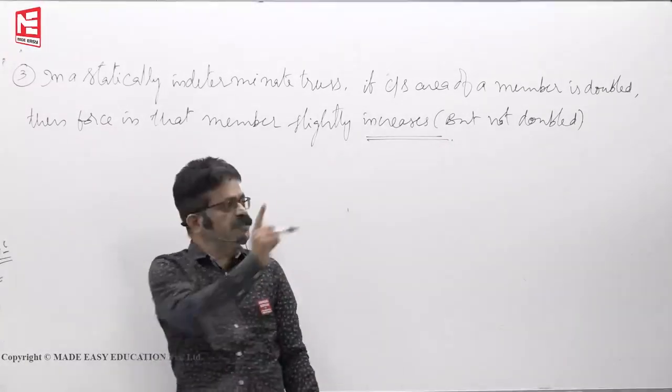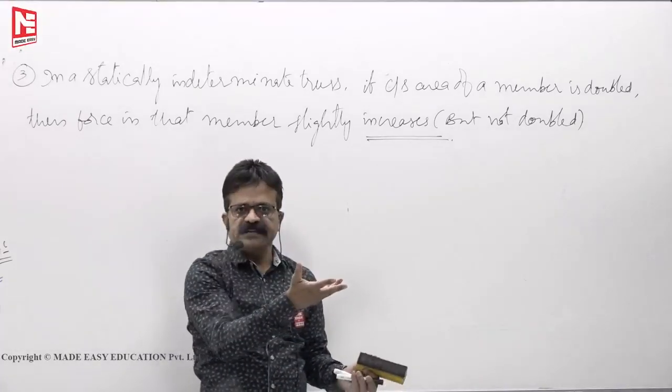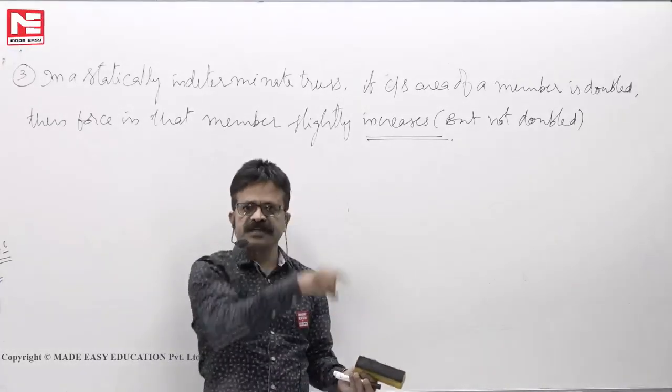It should be an indeterminate truss. If it is a determinate one, whether the axial rigidity is doubled or halved, it has no influence on the member force.